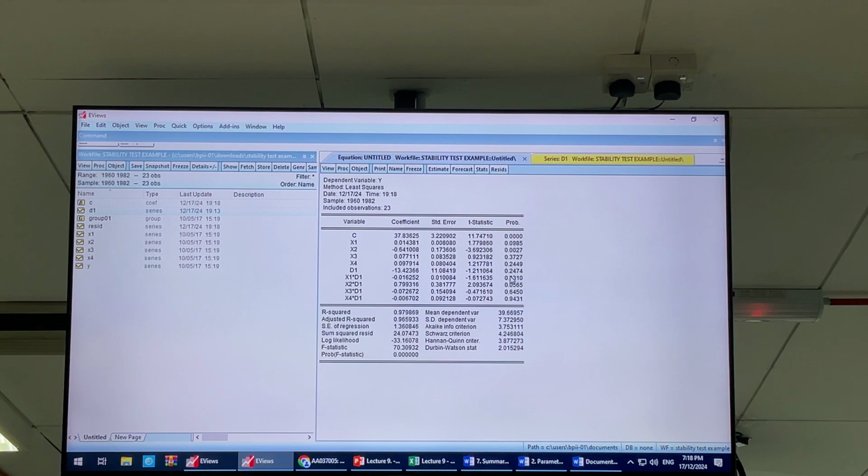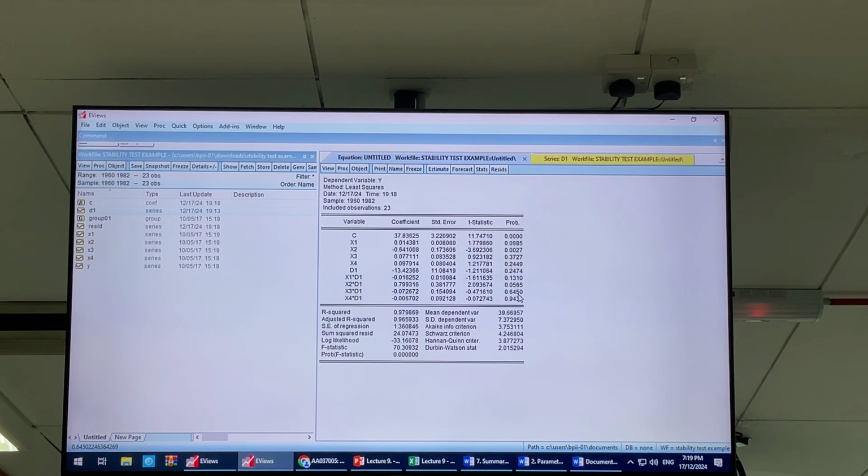So the additional part of the intercept, whether it is significantly different from 0 or not. The p-value is greater than 0.05, so not significant. So we can say the intercept is just the same before and after. Understand? For the independent variables, the additional part of the slope for x1 is also not significant at 10%.